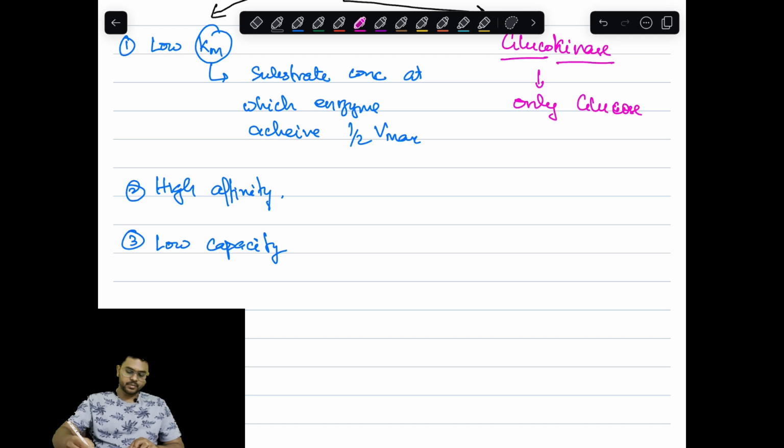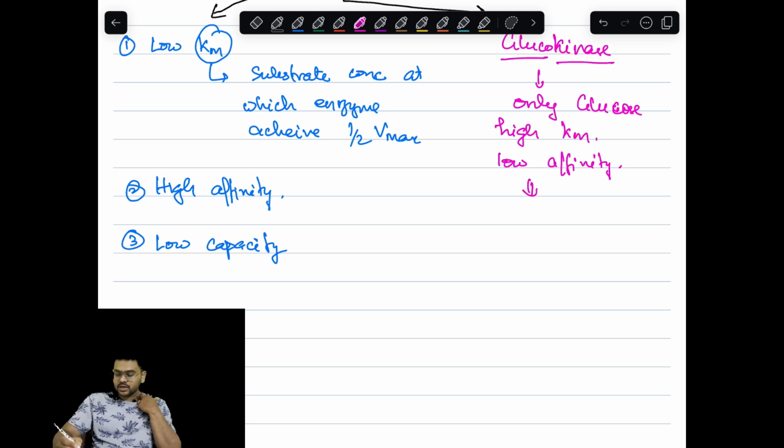The next thing about this is it has high Km, or in other words, it has very low affinity. That means to activate it, you need very high blood glucose concentration. If you don't have very high glucose concentration, the glucokinase will not come and react.